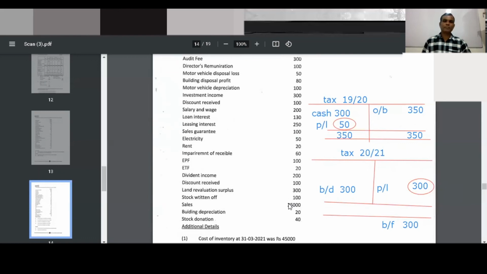Sales no matter. Building depreciation, administrative and profit before tax. Stock donation, other expense category and profit before tax.